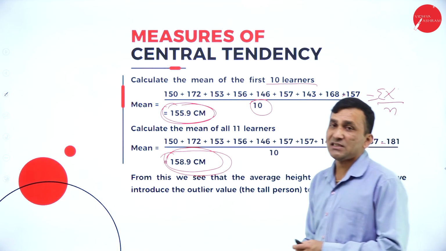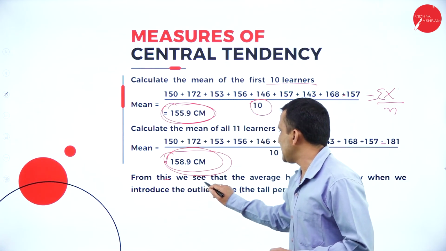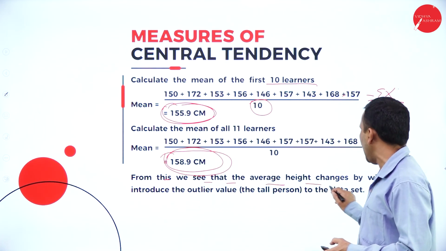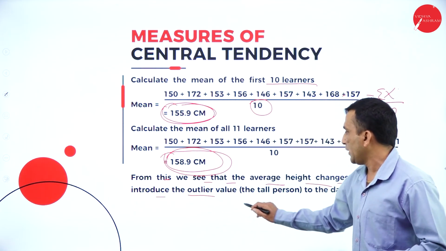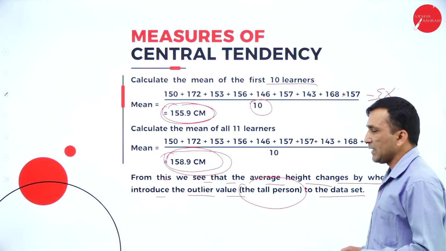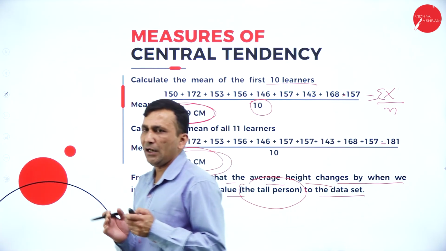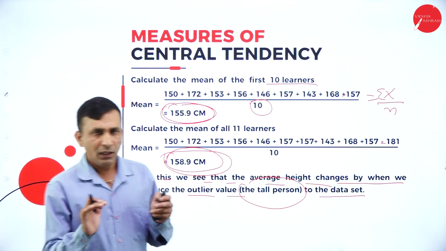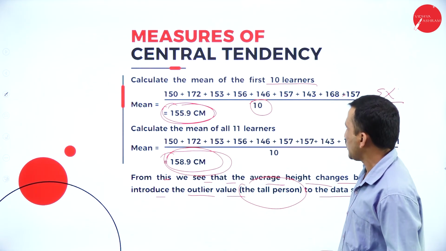Because they clearly specified exceptionally. From this we say the average height changes when we introduce the outlier, the tall person, into the data set, because all 10 learners are of normal height but one person is extraordinary.